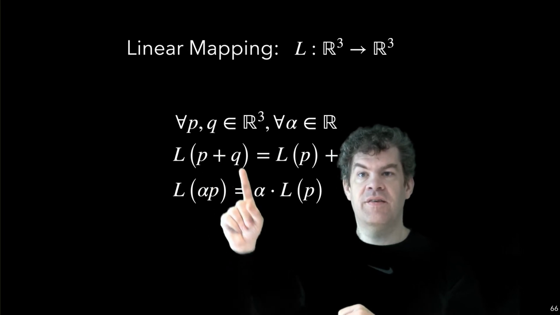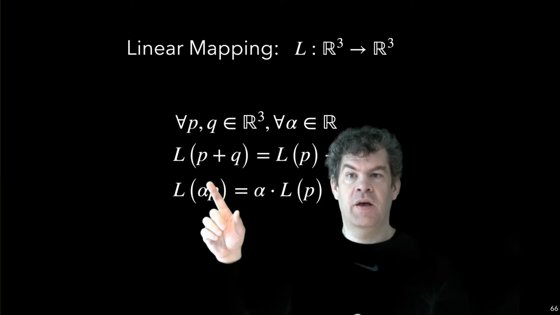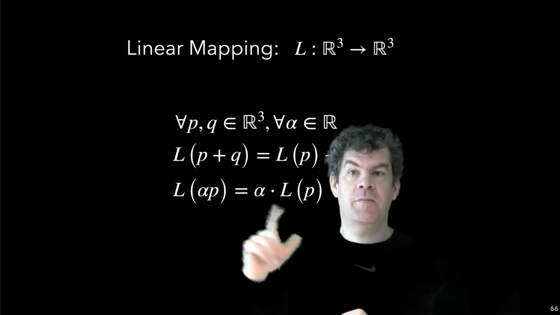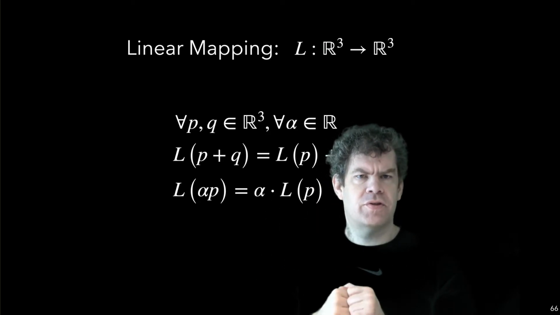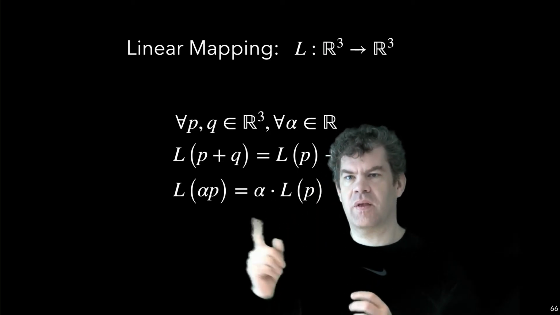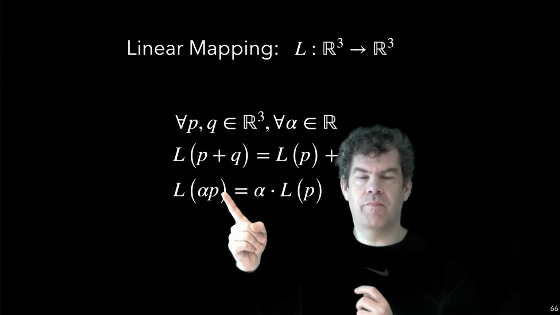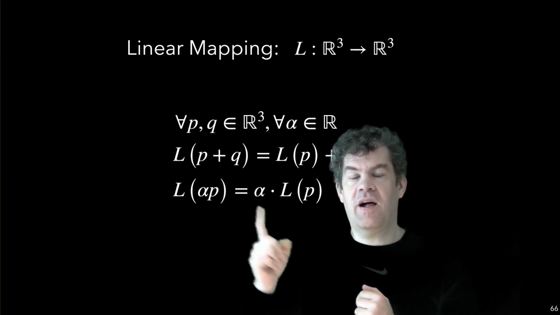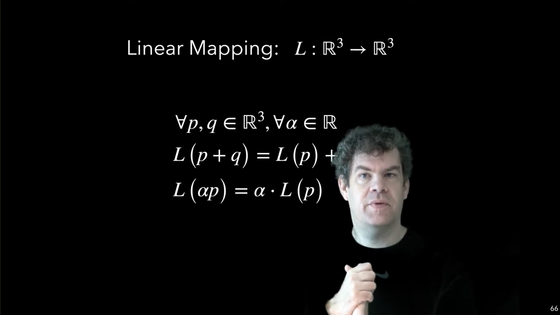So the other thing is this scalar multiplication property. If we take a point and multiply it with a scalar, where P is this thing in our vector space, which I happen to call point here, that's a little bit mystic. But alpha is simple. Alpha is just a number, say 42.8 or so.